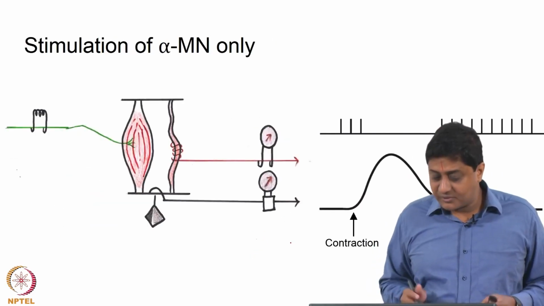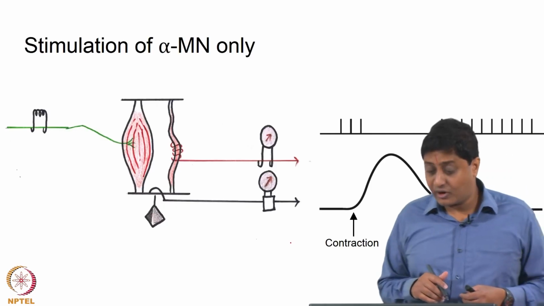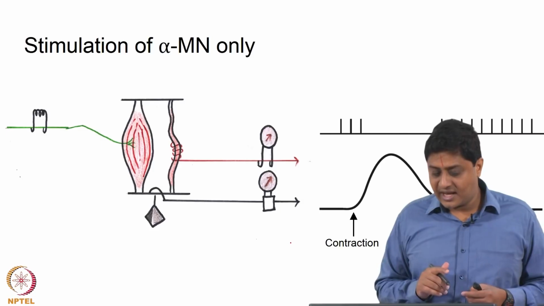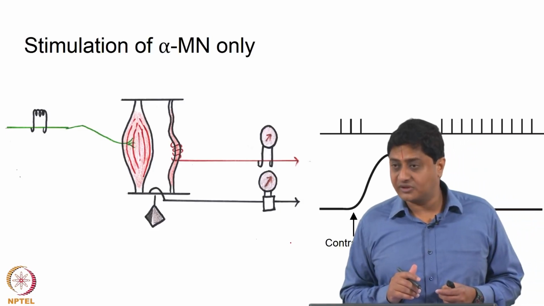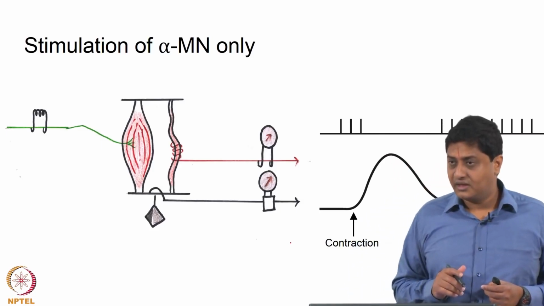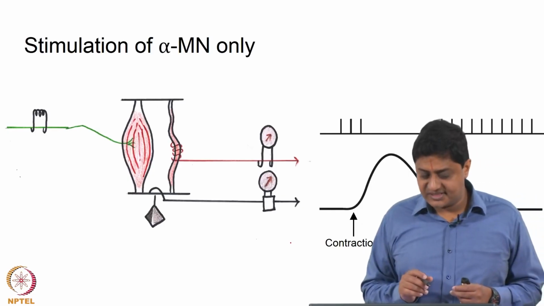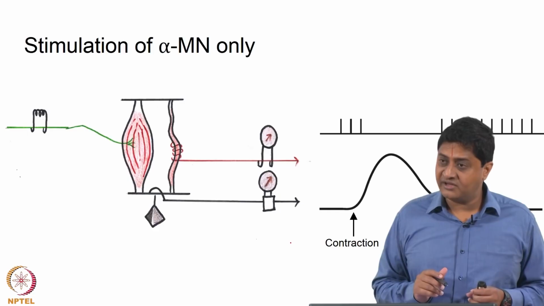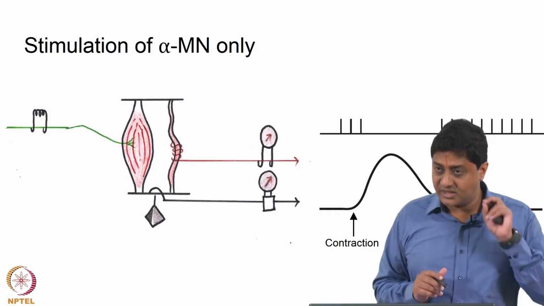Now, suppose I am contracting the muscle. What will happen in the absence of gamma motor input? I am causing a contraction of the muscle through electrical stimulation, and I am activating only the alpha motor neuron.